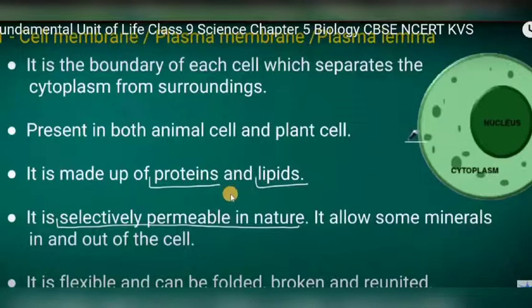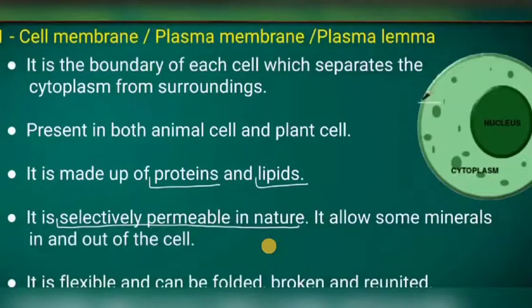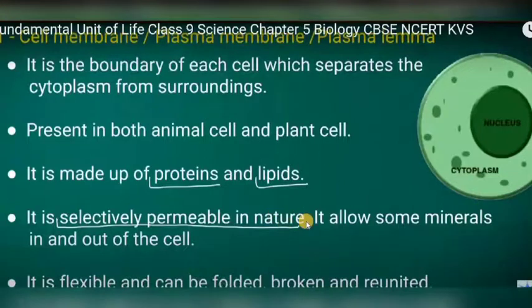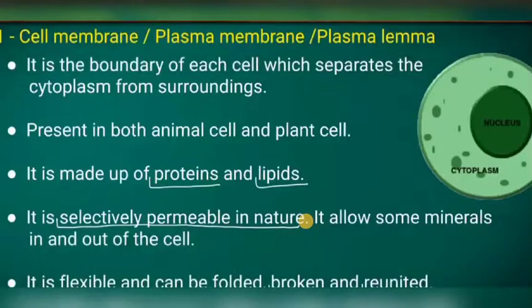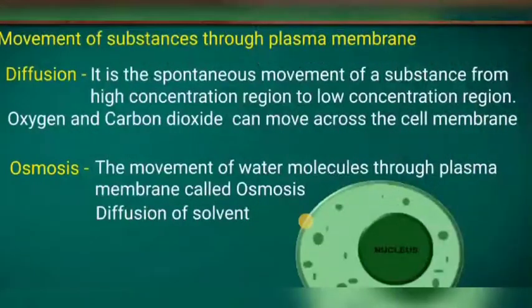That's why it is also known as a lipoprotein. The fourth point is that it is selectively permeable in nature. Selectively permeable means it allows only some molecules to come inside, not all. It allows some minerals and some important things only to come inside the cell.